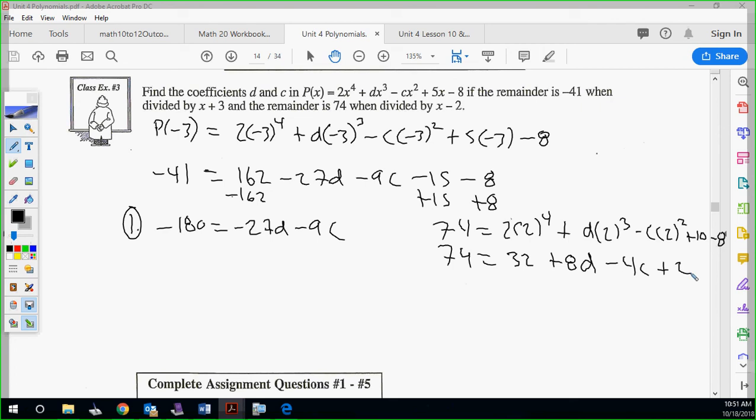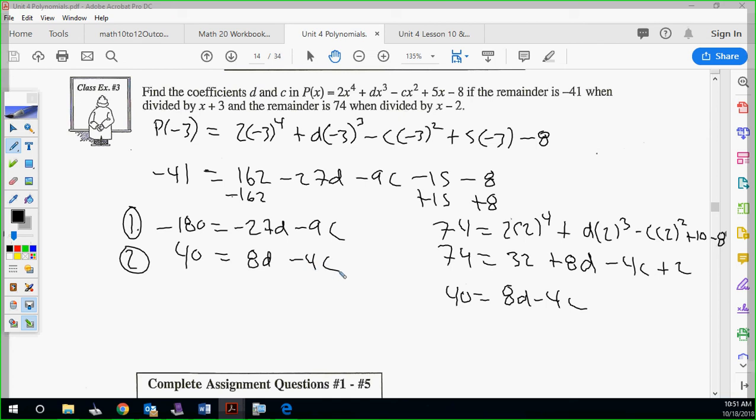So 34 and 74, so that's going to give that 40 for that one. Yeah, 74 minus 34. So 40 equals 8d minus 4c. Okay, so we come over here, and we're just going to slide this over here for equation 2. So 40 equals 8d minus 4c.